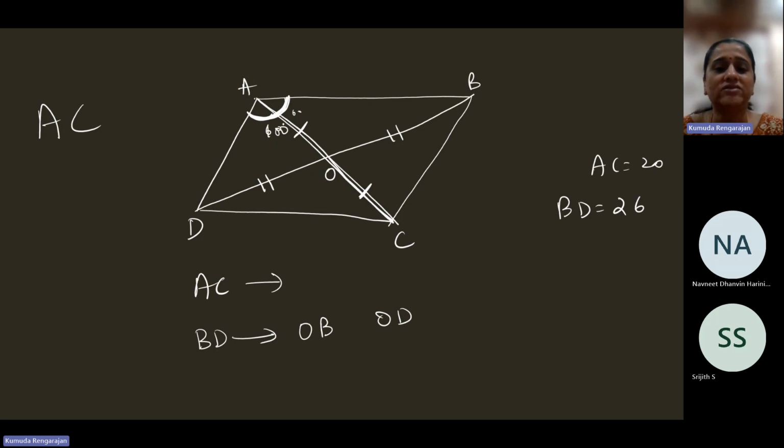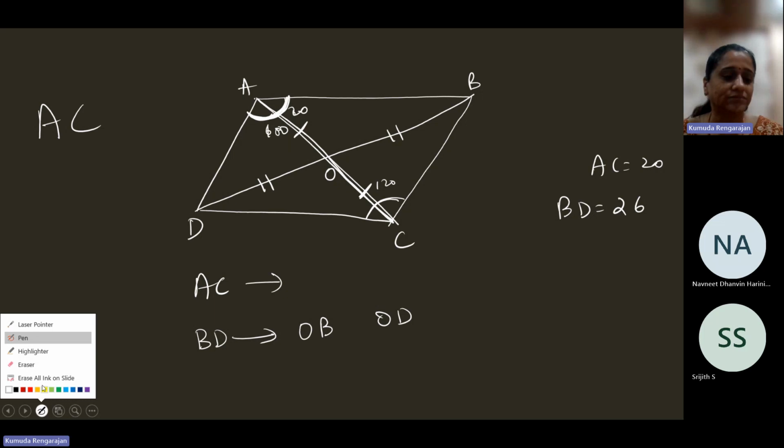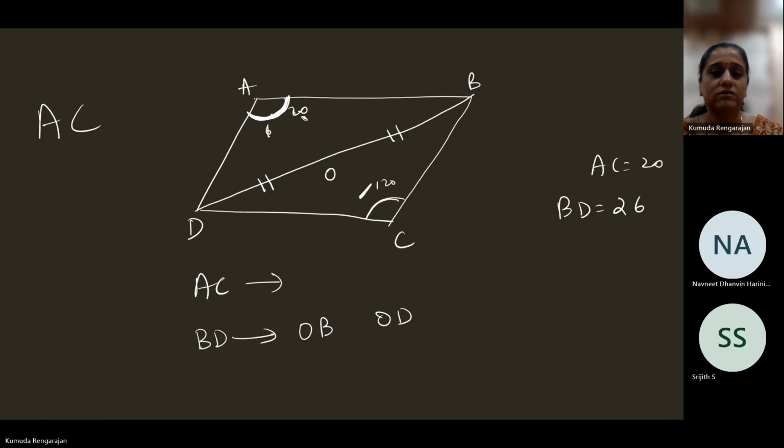Maybe this is 100 and this is 20 degrees. We know opposite angles are equal, so this also will be 120, because opposite angles are equal in a parallelogram.